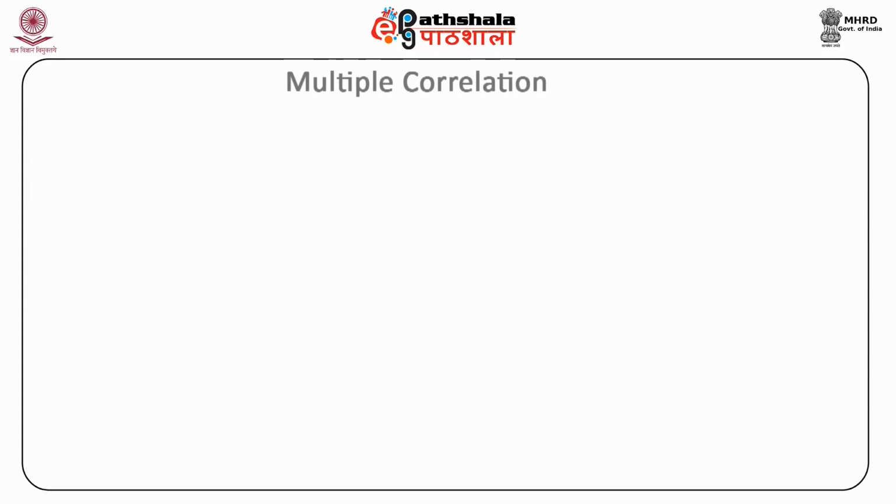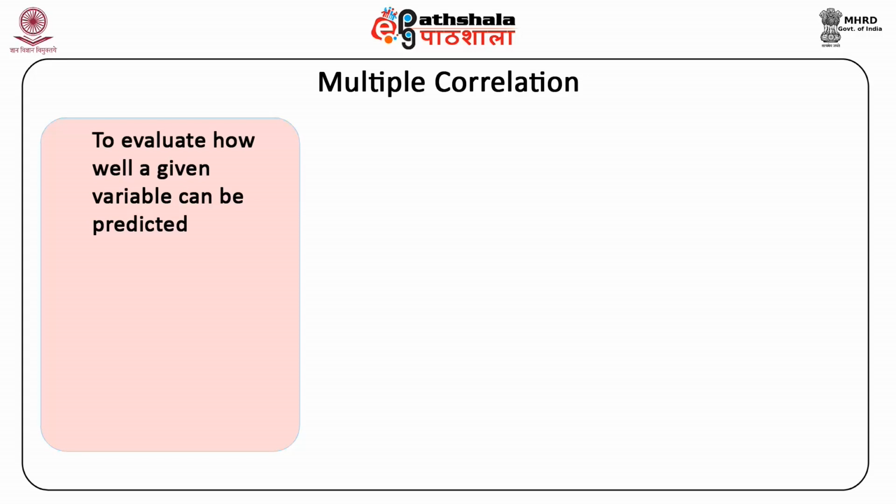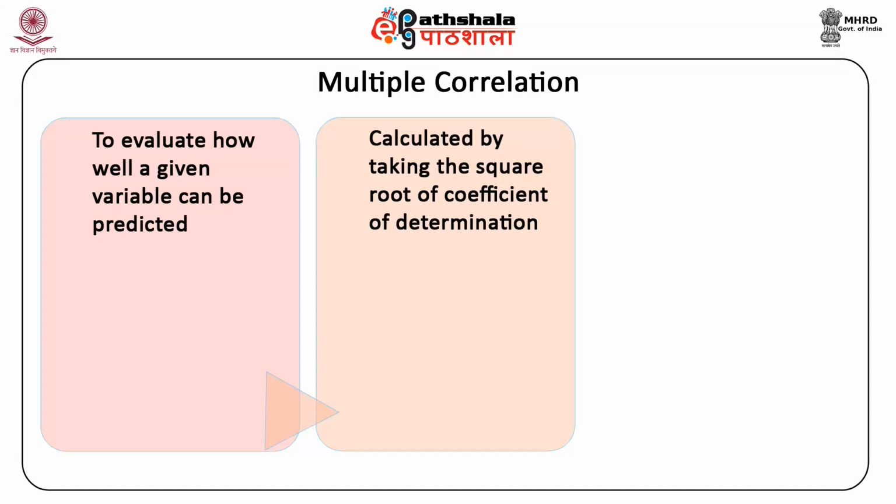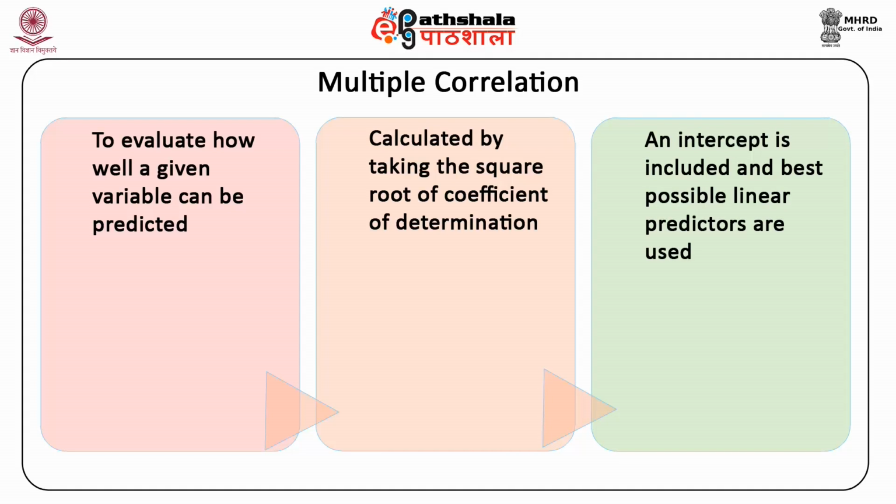Moving on to multiple correlation. The coefficient of multiple correlation is used to evaluate how well a given variable can be predicted using a linear function of a set of other variables. It is calculated by taking the square root of the coefficient of determination, but considering particular assumptions, that an intercept is included and that the best possible linear predictors are used.